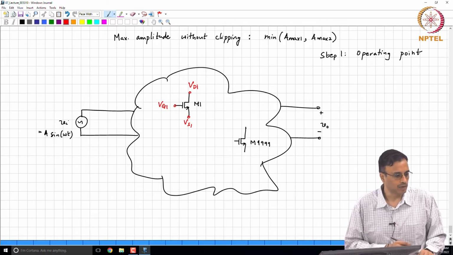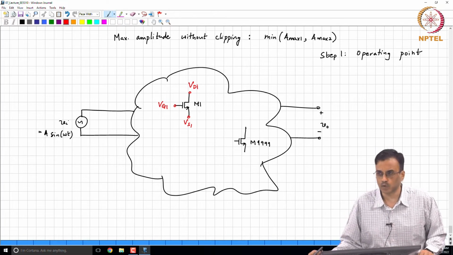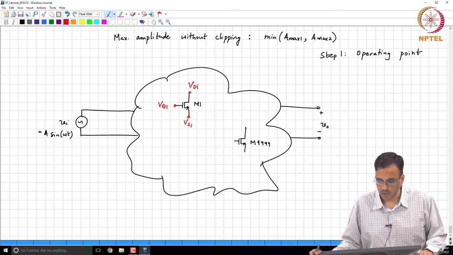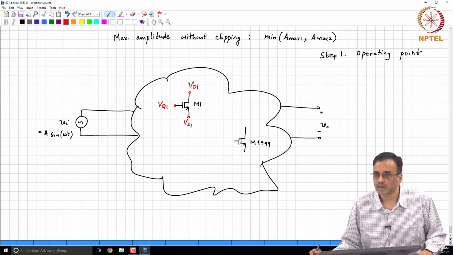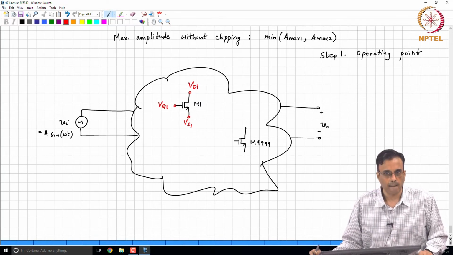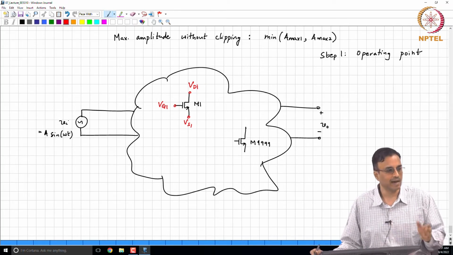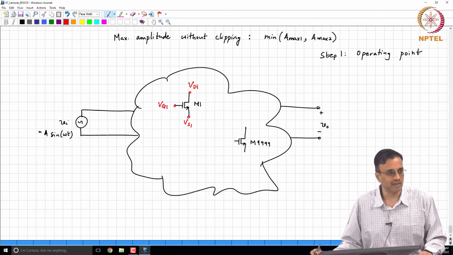In our example of the common source amplifier, it so turned out that the source is grounded, but there is nothing constraining you to keep the source grounded. As we will keep progressing in this course, you will see a whole lot of circuits where the source is not grounded. Okay. And therefore, we have VS1, VG1, VD1, and similarly you can calculate the potentials at the drains of all the transistors, right.